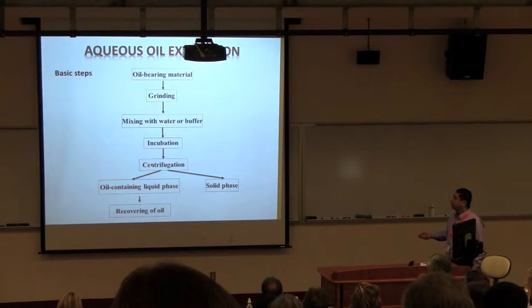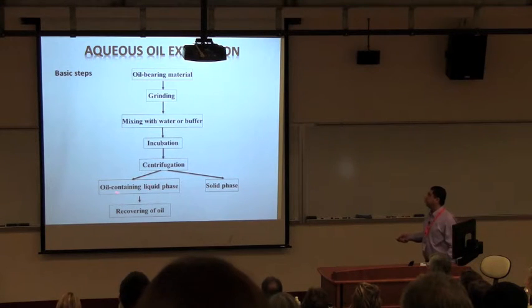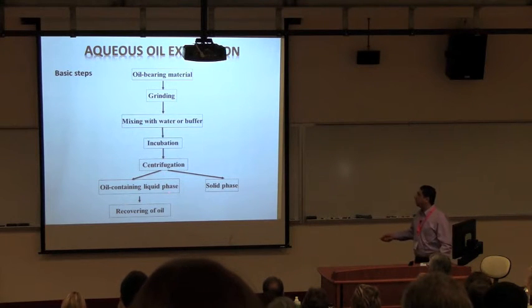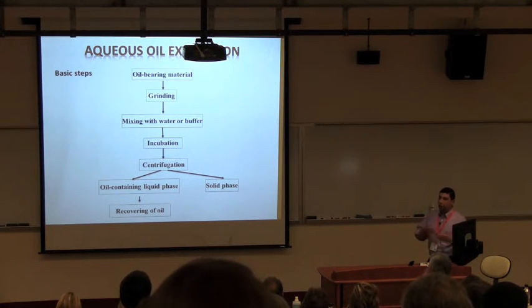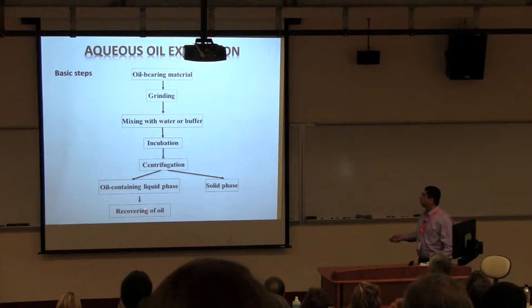After that, we centrifuge it to get the solid phase and the oil-containing liquid phase. In this part, we collect the oil and protein, which is the main advantage of this method: we extract the oil and protein at the same time. After that, we recover the oil.